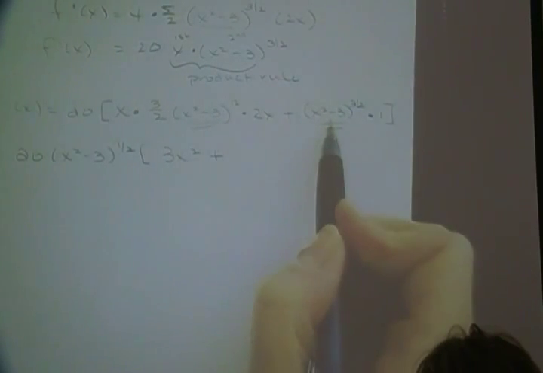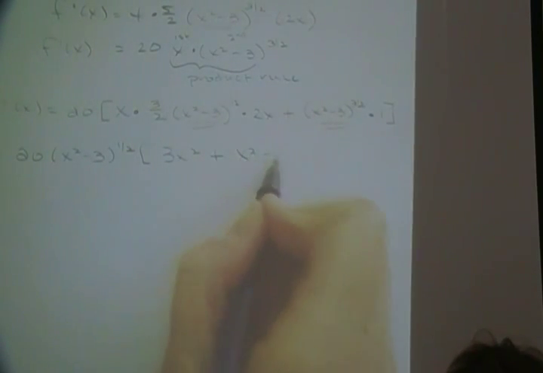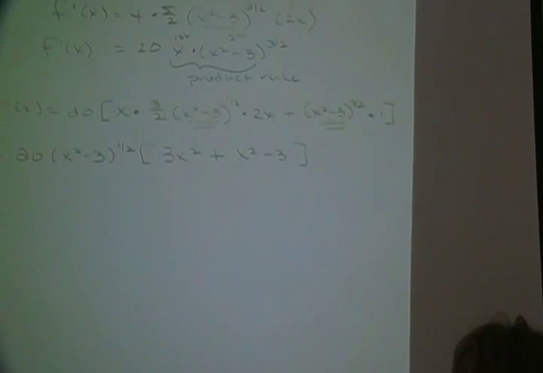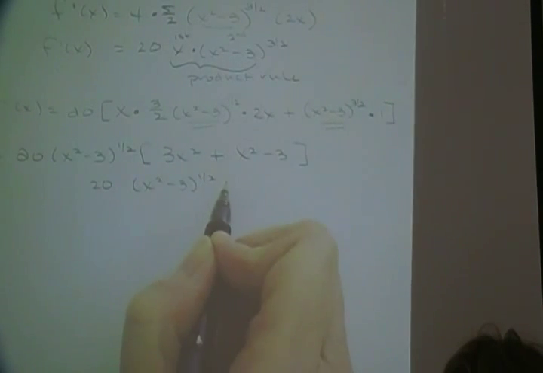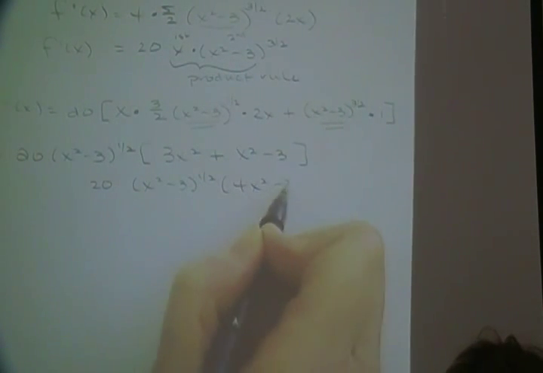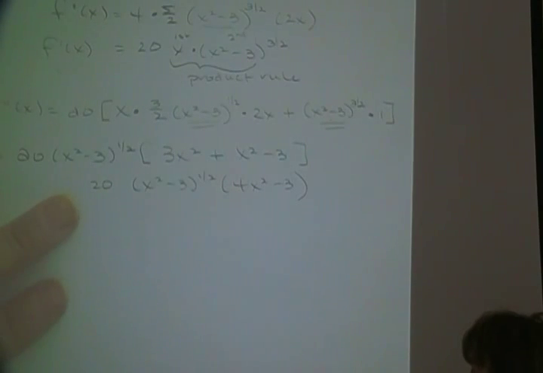And I've got an x squared. Plus, I have the other factor of this, that x squared minus 3. And that leaves me with, finally, 20 (x squared minus 3) to the 1/2 times (4x squared minus 3) as my other factor for my second derivative. 4b.